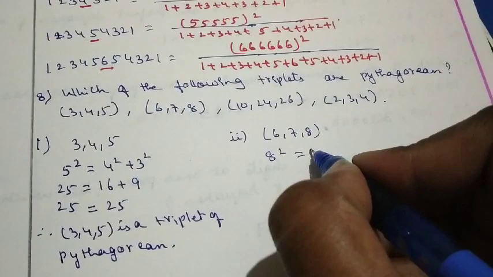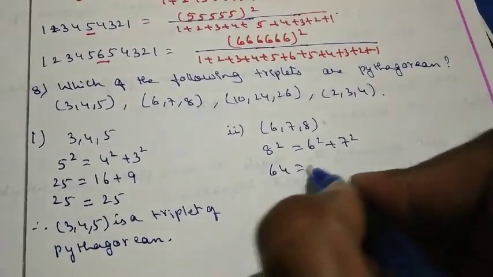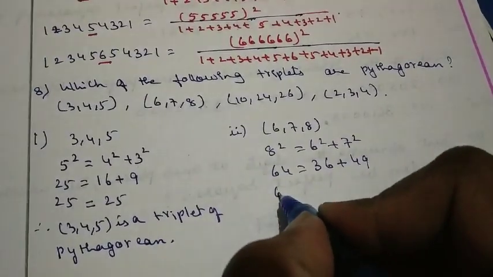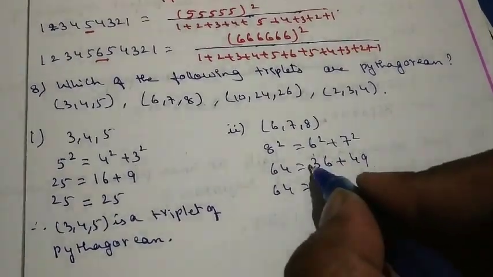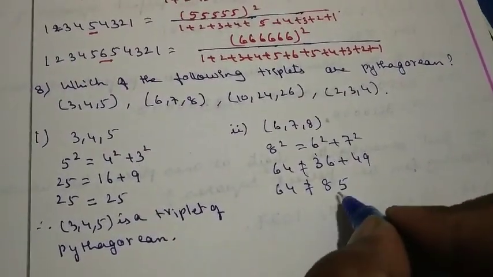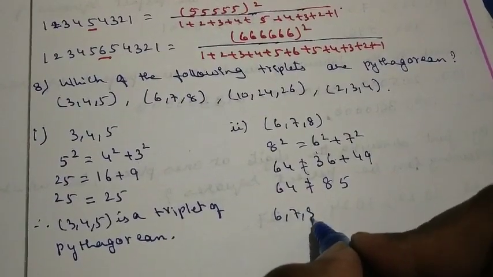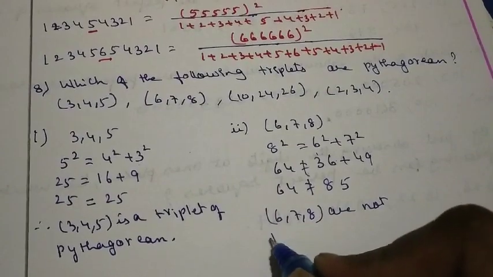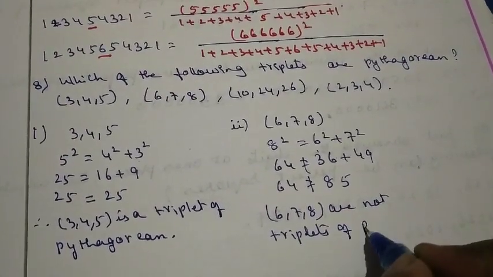So 8 square equals 6 square plus 7 square. 8 square is 64, 6 square is 36 and 7 square is 49. Then 64 equals 9 plus 6 is 15, 4 plus 4 is 8. So I can say that 64 is not equal to 85. Therefore 6, 7, 8 are not triplets of Pythagorean.